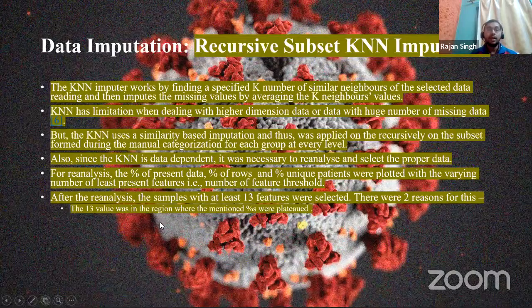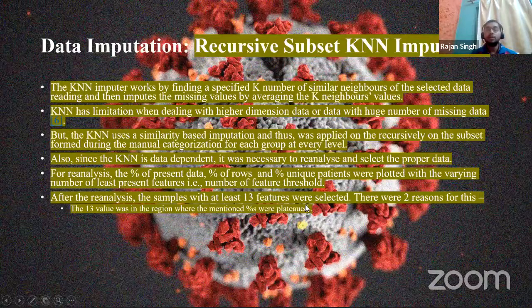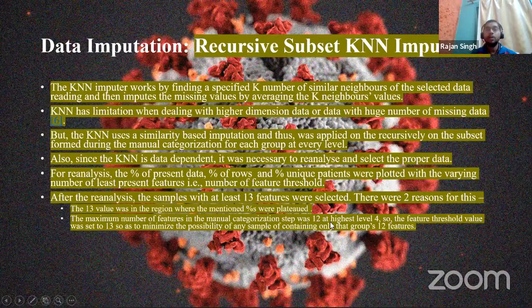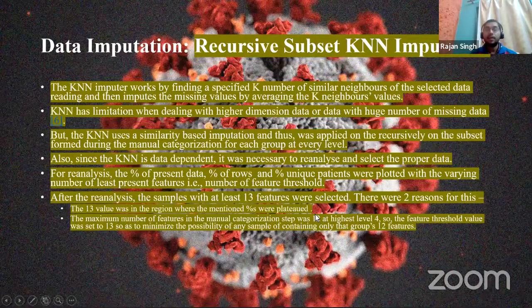And the second was that the maximum number of features in the manual categorization step was 12. Like in each group, the maximum present was 12. So we hope that by taking 13, even if in a certain group, for a particular reading, 12 are present, then at least 1 will be from another group.